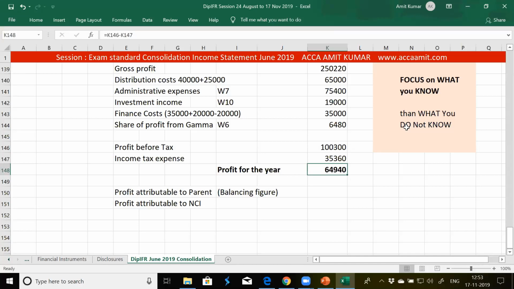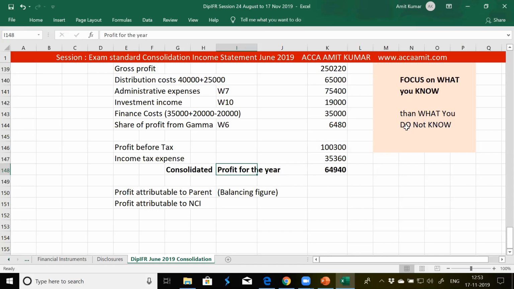Many of the people commit this mistake of applying the percentage on consolidated profit for the year. This is a consolidated profit for the year, which means this profit includes the profit of parent plus beta, sorry, alpha plus beta. Now in beta, NCI has a share. NCI doesn't have a share in the parent.